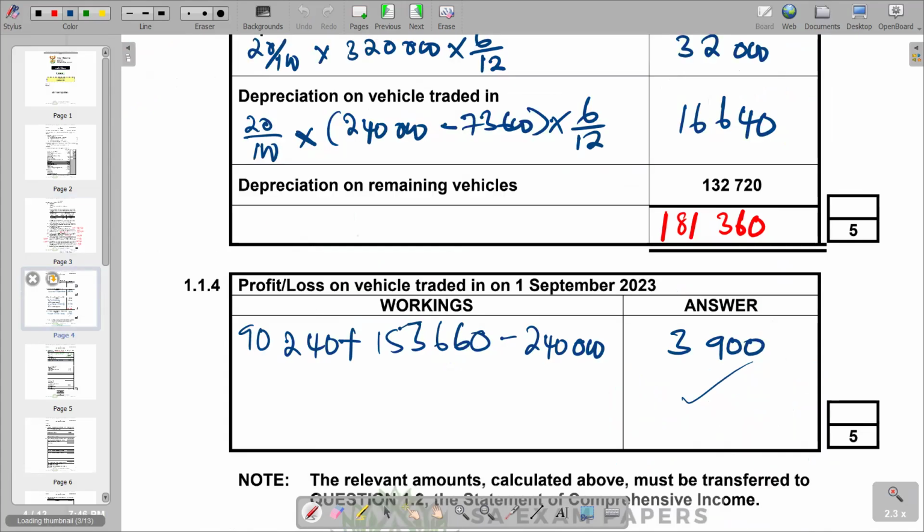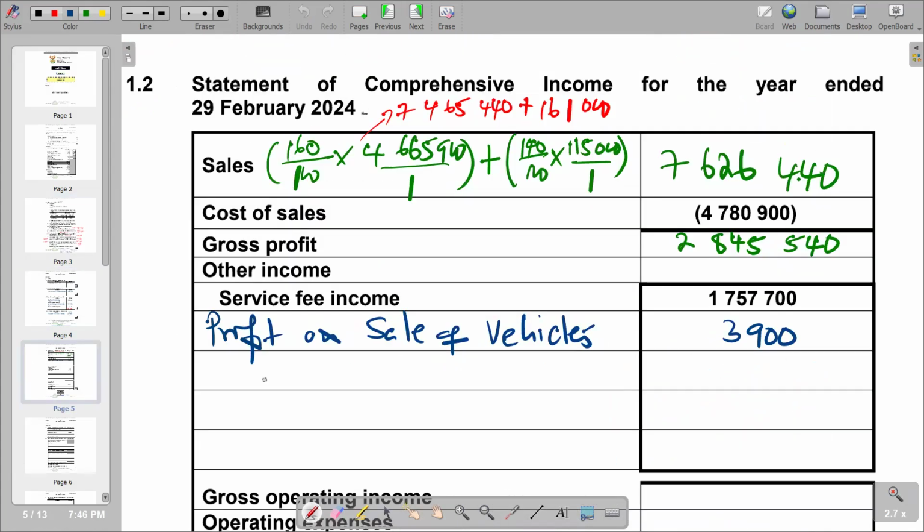So we come here, we are saying rent income: 158,100 minus 21,390.